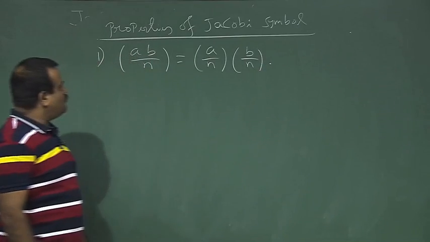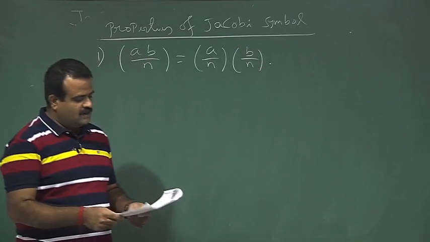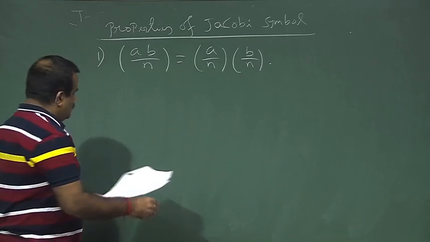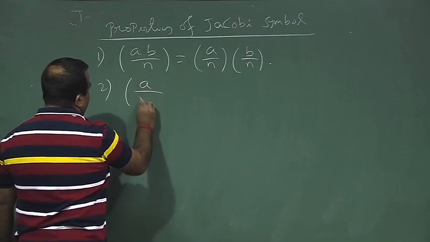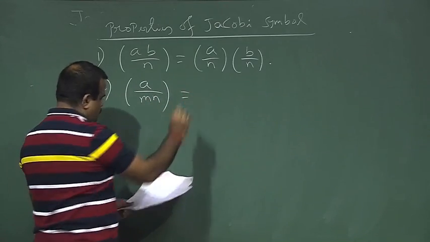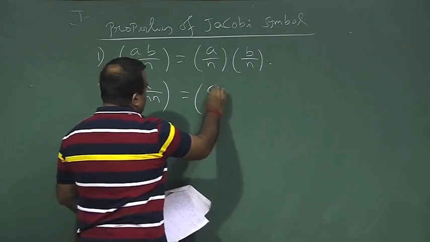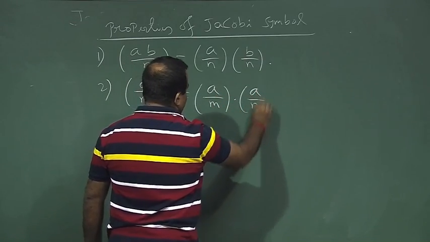This can be proved from the Legendre symbol theorem, as we have seen this type of result for the Legendre symbol. Now (a by mn) is basically (a by m) times (a by n).